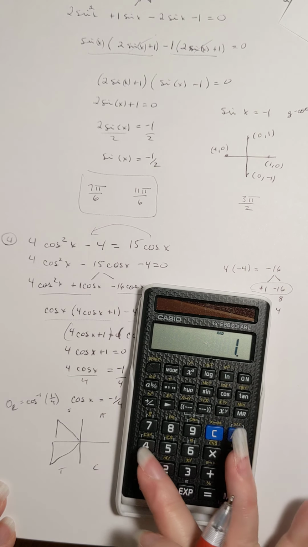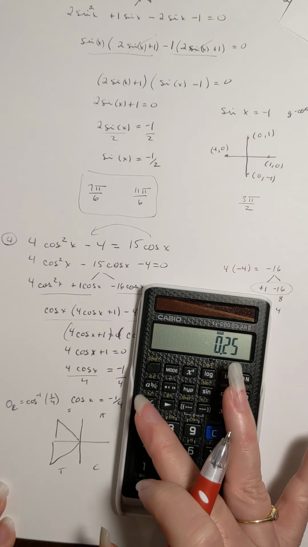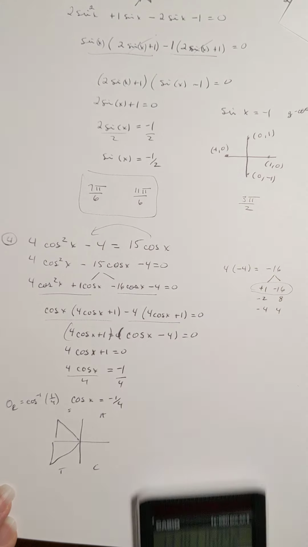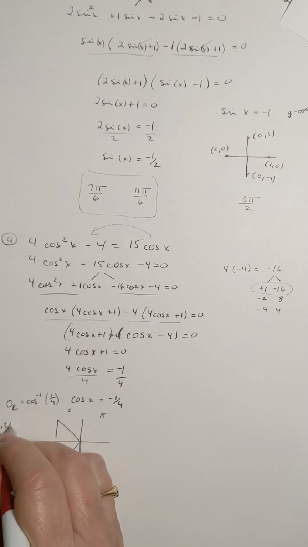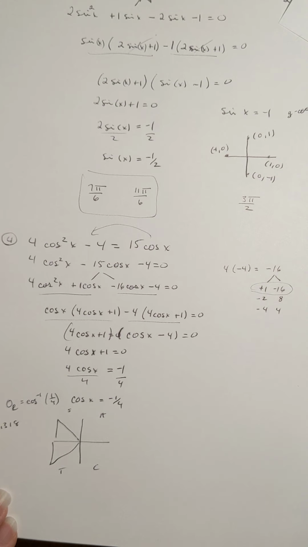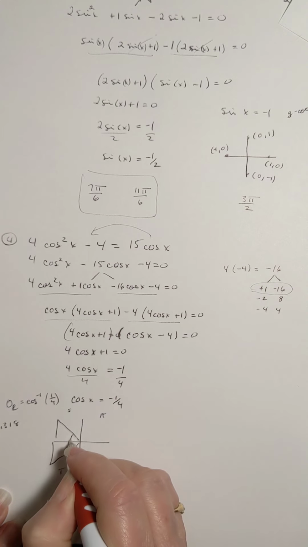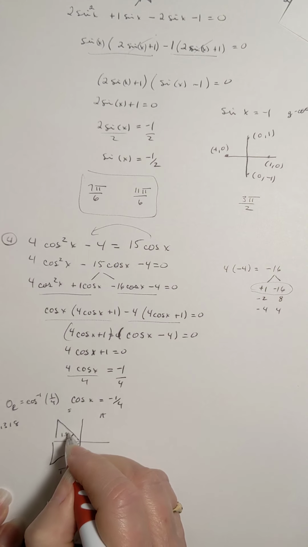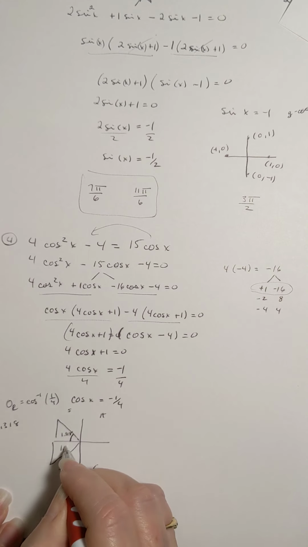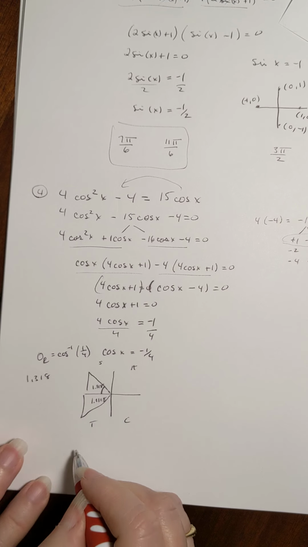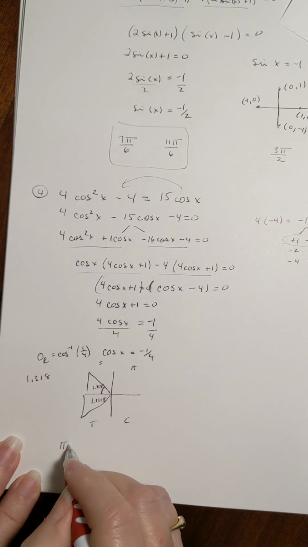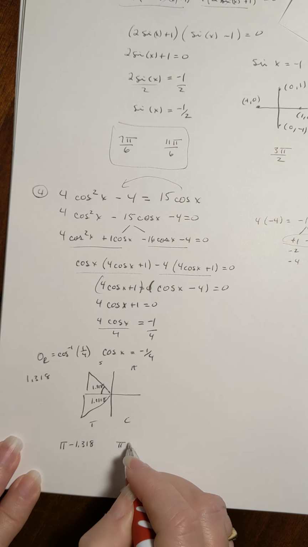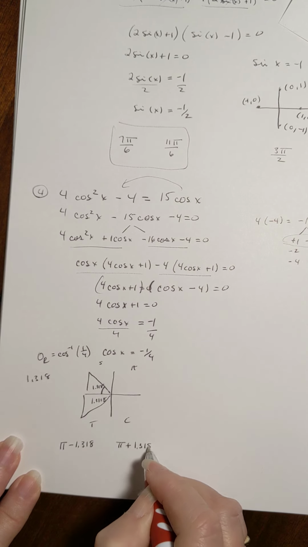So I get 1 divided by 4 equals, and then inverse cosine, 1.318. And so the first one would be pi minus 1.318, and the second one would be pi plus 1.318.